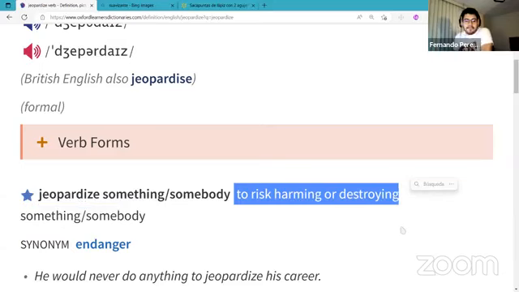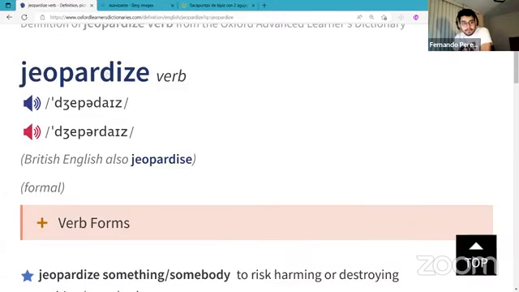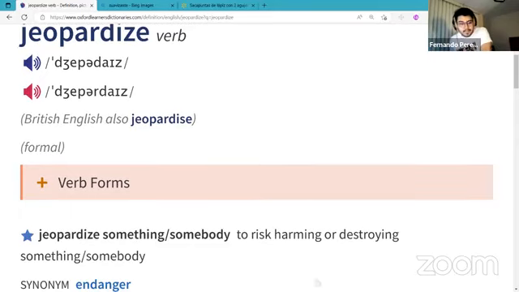For example, when you have a secret mission to make a birthday surprise party for your roommate. This person will discover that I'm making a surprise party. So what do I do to avoid jeopardizing the surprise? Jeopardize is similar to ruin, to risk.